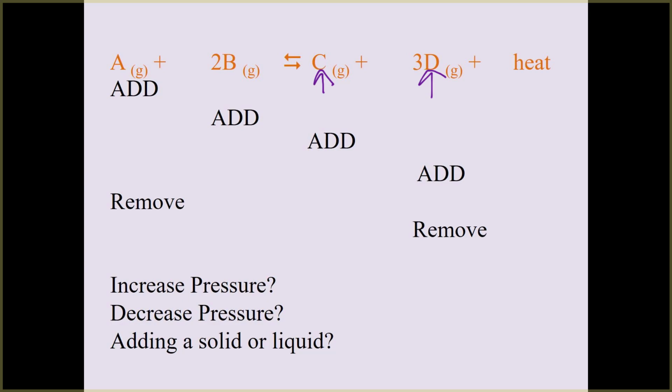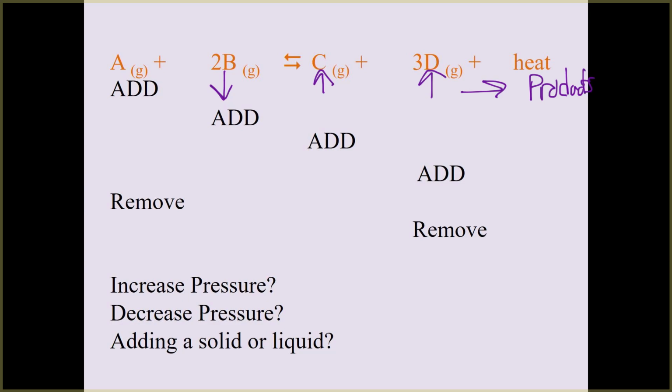And because there's so much A, the B actually gets used up with all your collisions. So it's decreasing. So Le Chatelier's principle, add away. If I add it to one side, I'm going to shift it towards the other side. So we have a shift towards the products in this case.